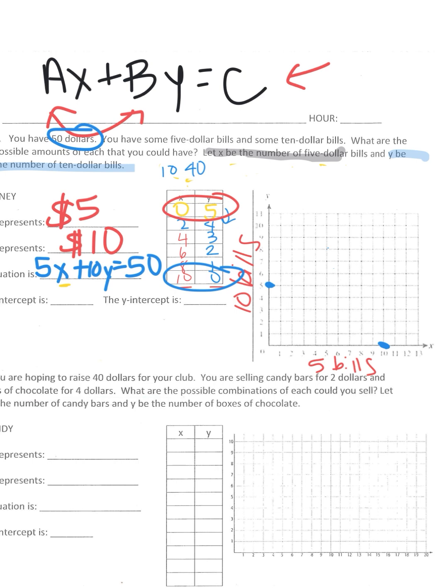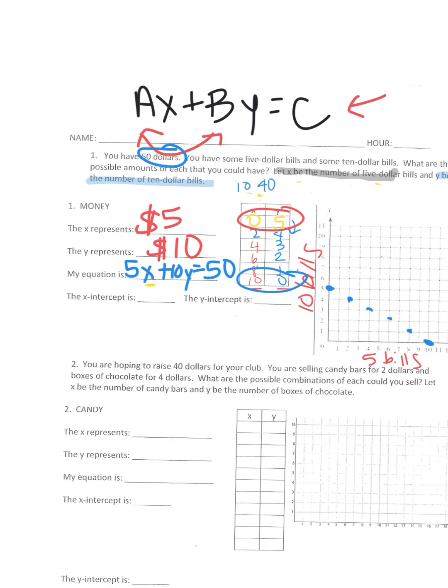And then the other ordered pairs I have are 2, 4, 4, 3, 6, 2, and 8, 1. So those are all the points on my line. So the x-intercept is 10 and the y-intercept is 5, and those are in the circled parts.